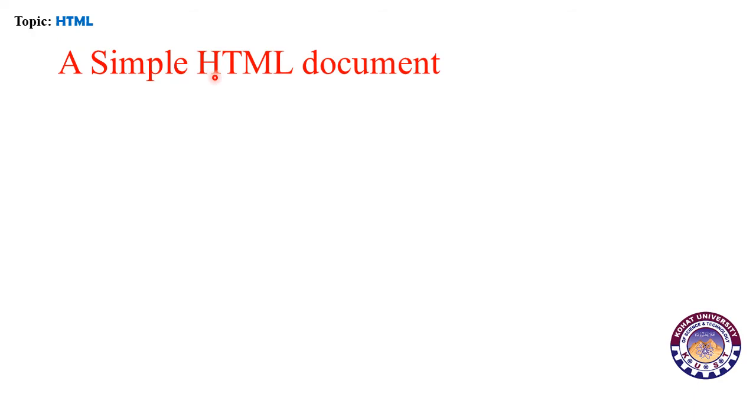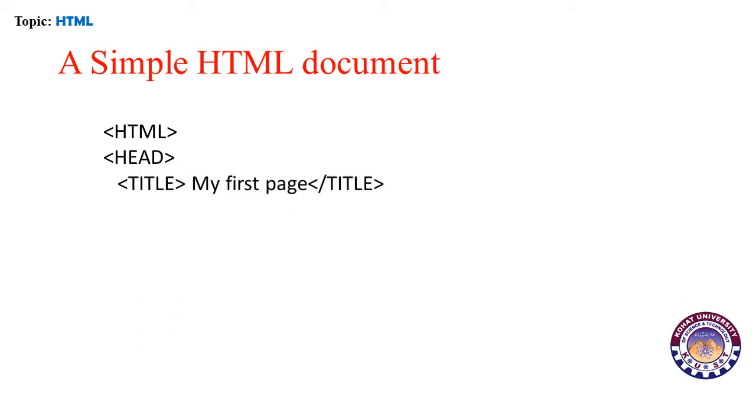Simple HTML document. Now we look at how we can create a simple HTML program. First of all, you will write HTML in brackets. This is called a tag. Then we will write a head. Then you should write the title, "this is my first page".